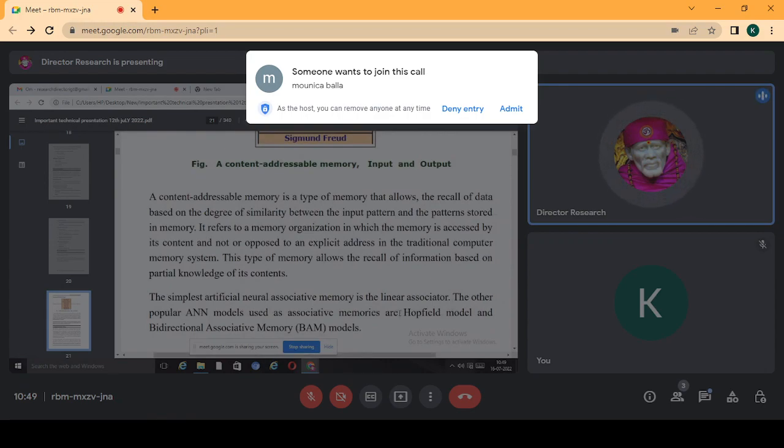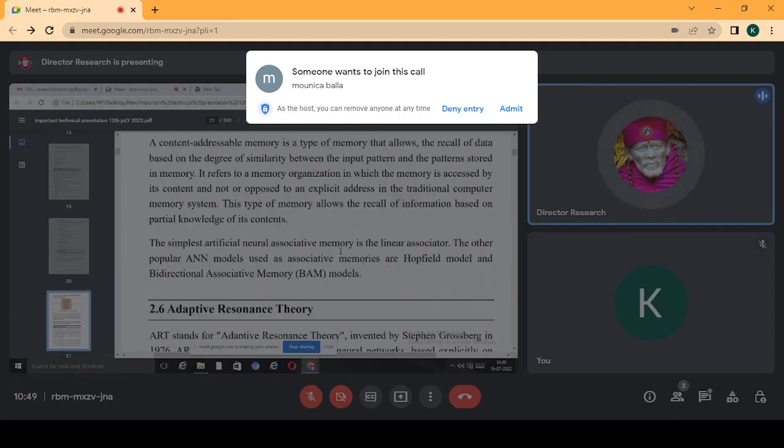It refers to a memory organization in which the memory is accessed by its content as opposed to an exact explicit address in the traditional computer memory system. This type of memory allows the recall of information based on partial knowledge of its contents.